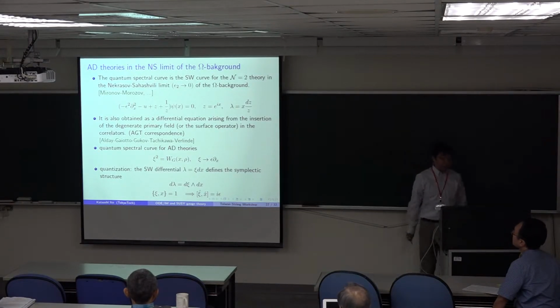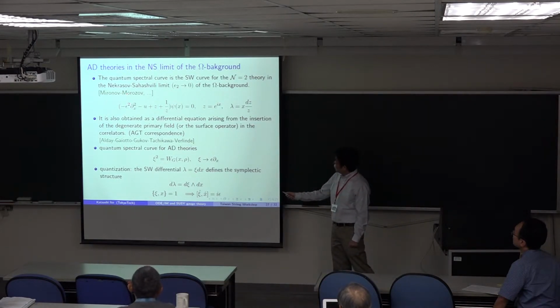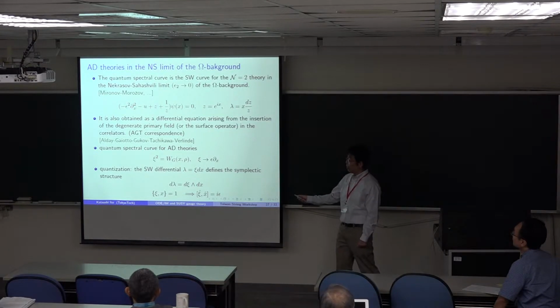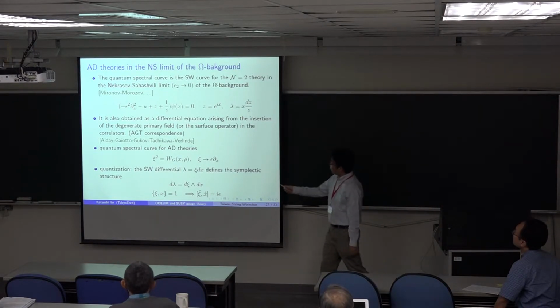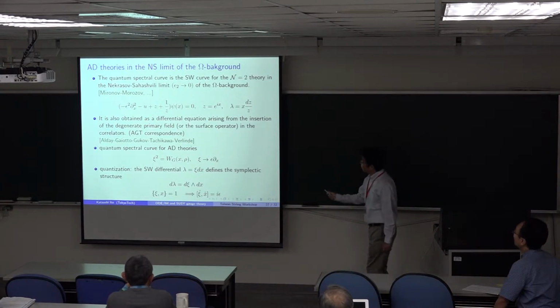So this is actually a differential equation, just replacing one of the parameters of the Seiberg-Witten curve by some differential. So if z is taken to be e to the ix, this is a sort of sine-Gordon potential problem.